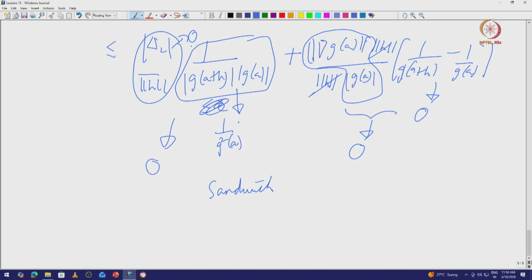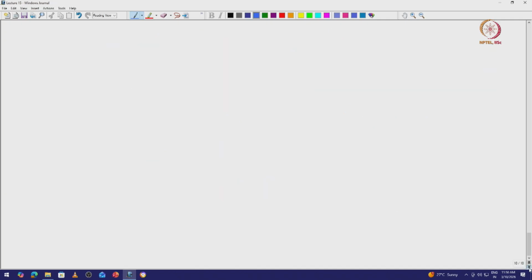Right, so let's do a couple more properties. If f is constant, obviously the gradient of f is identically 0. This is trivial.